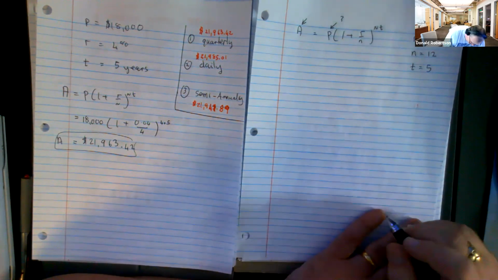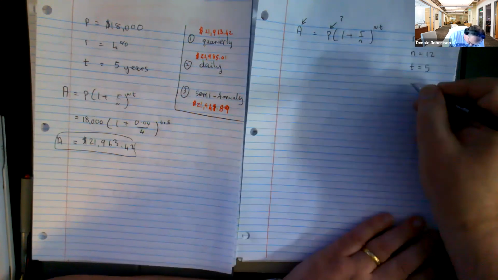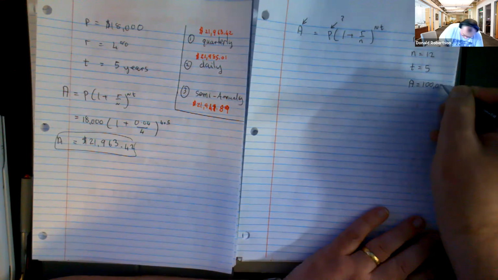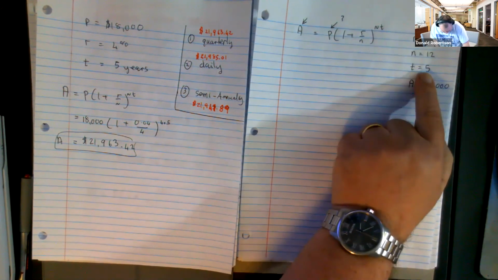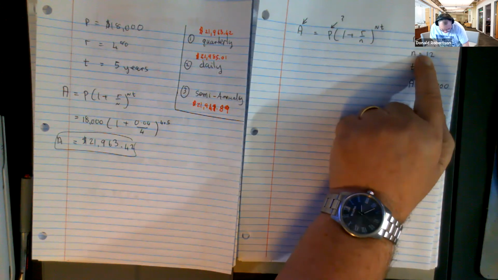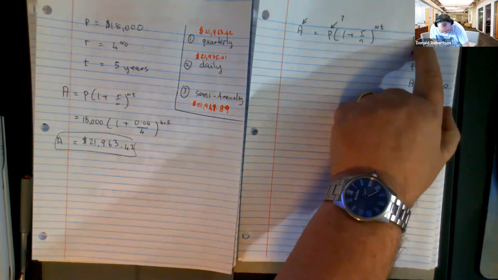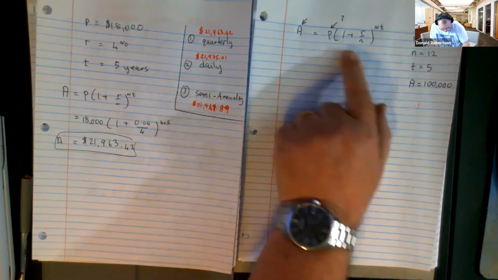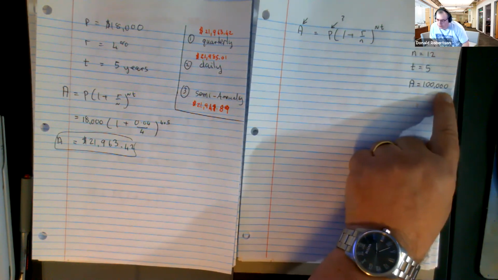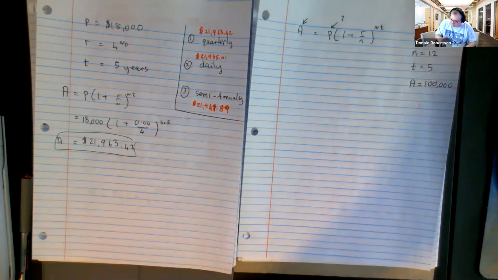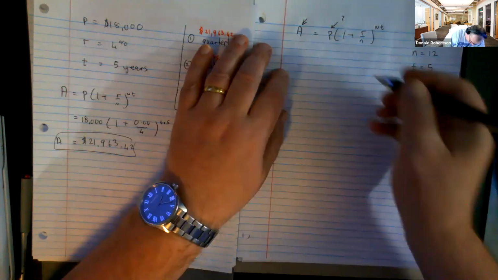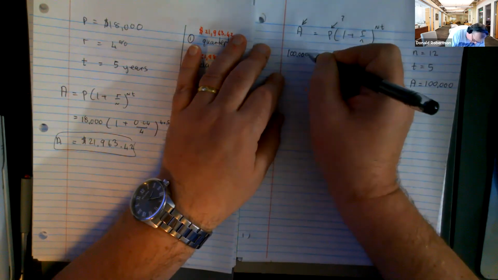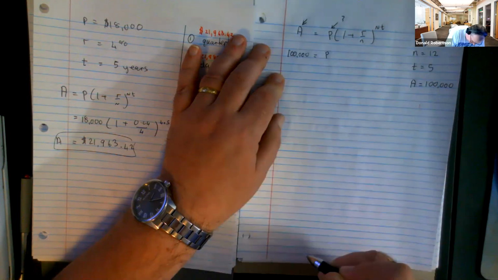And now I would like to know what I need to start with, so that at the end of 5 years, being compounded monthly with an interest rate of 4%, I would be left with 100,000. What P is. So it's the same formula, but now I'm going to put 100,000 here. I don't know what P is because I'm trying to find it.